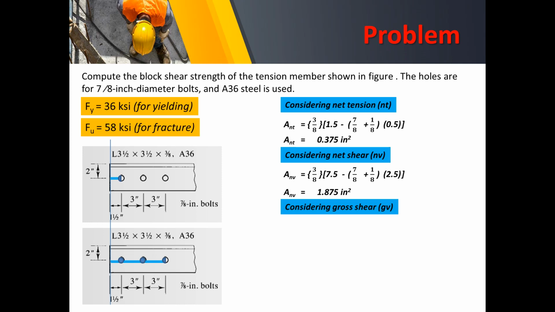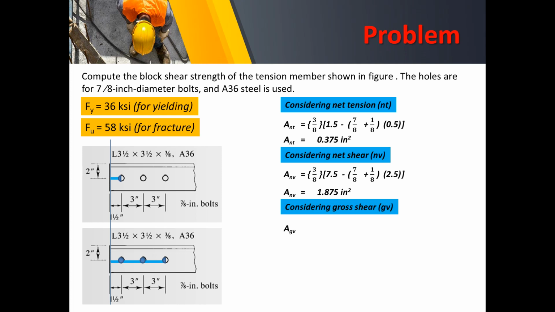So in here, we also need to consider the gross shear area, AGV. Why? Because, as discussed a while ago, we need to have an expression for the first term of the upper limit of our Rn, or the tensile capacity.